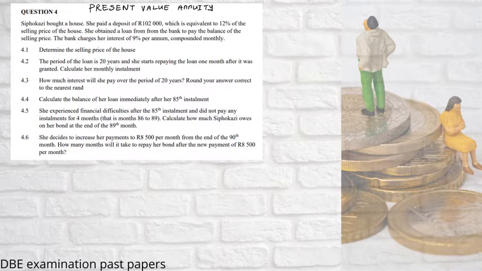It says Sipokazi bought a house. She paid a deposit of 102,000 rands, which is equivalent to 12% of the selling price of the house. So she obtained a loan from the bank to pay the balance of the selling price.